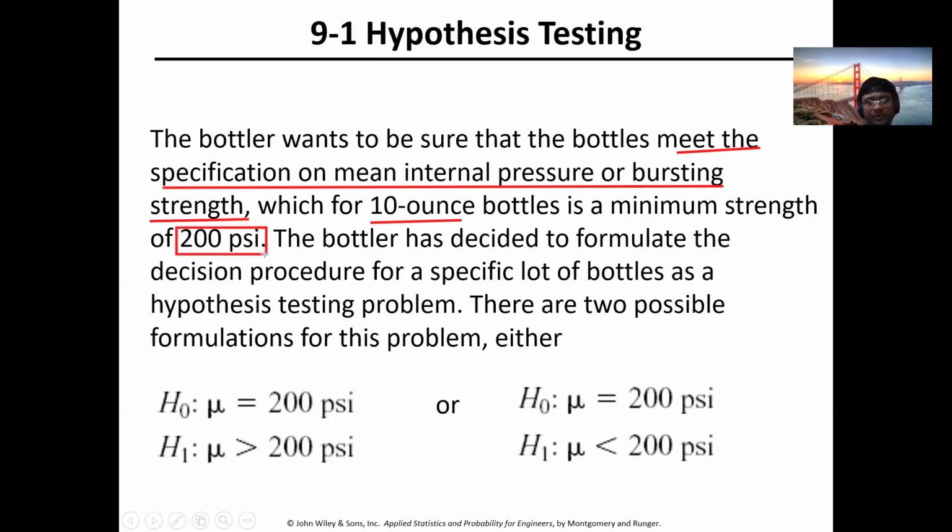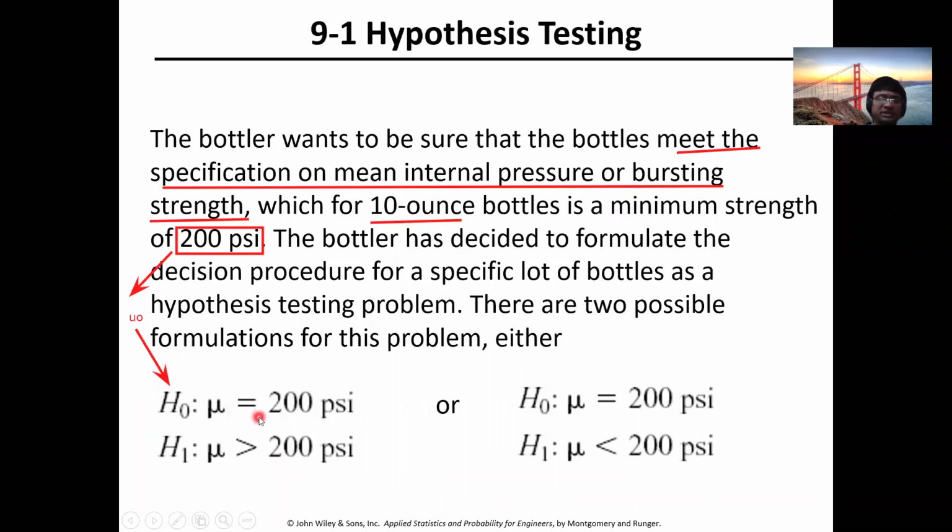So this is the value of mu we are specifying. This is the value of mu 0. We are taking this in the null hypothesis. So the alternative hypothesis should be mu greater than this or mu less than this, because this is a two-sided test if you consider.